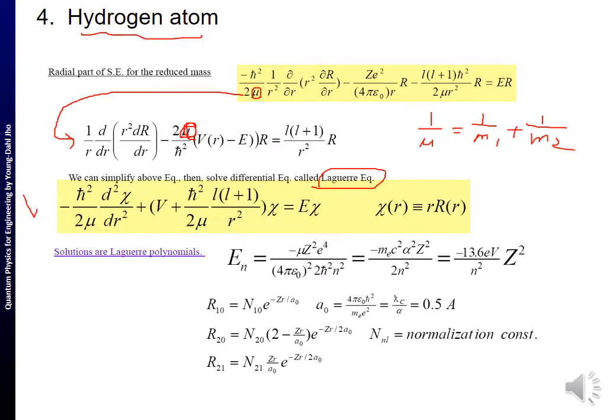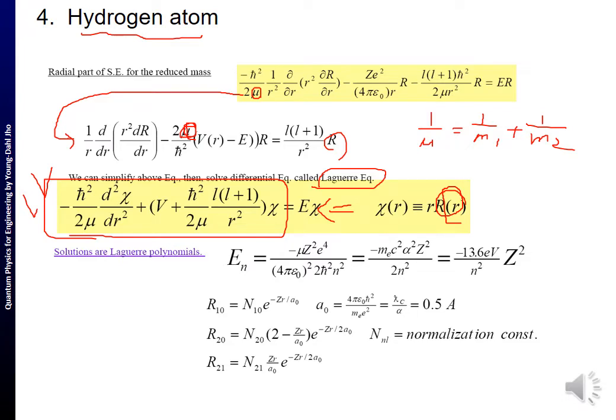Again, the large R is replaced by chi over R as we discussed previously. Then you will get this, and you need to solve this. It's already very complicated, so we will just accept the final result.